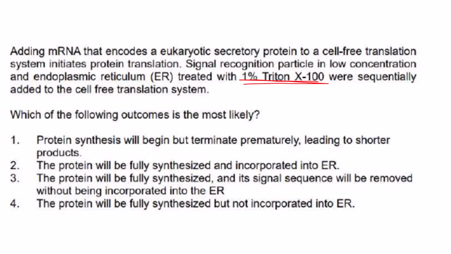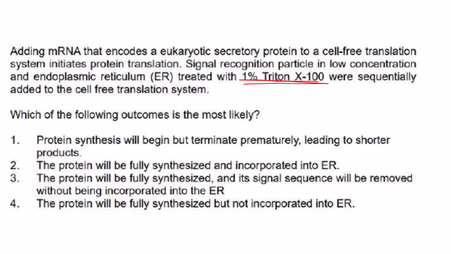Now what is this 1% Triton X100 doing? It will disrupt the endoplasmic reticulum membrane, or the endoplasmic reticulum membrane will become solubilized. Because of that, the SRP receptor which is present on the membrane will also be gone.